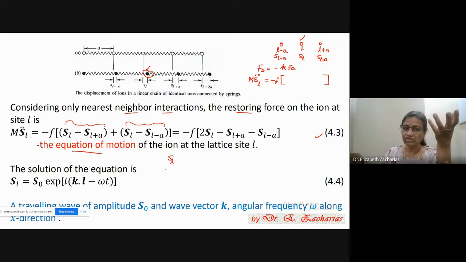What will be the equation that will describe the displacement S_L? So without getting into the maths of it, the solution is going to have the form S_L equal to S_0 exponential i (K dot L minus omega t). So this must be looking familiar to you. What is this equation? This is the equation of a, anyone?